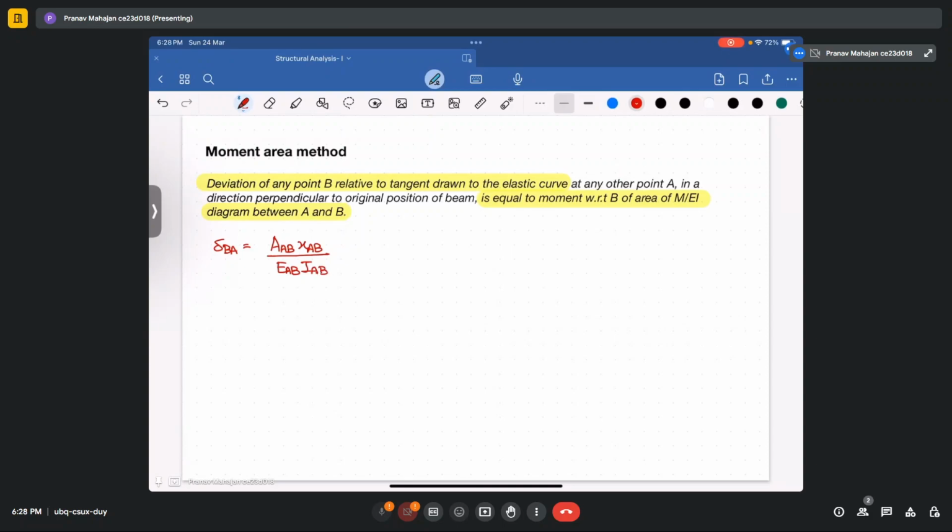So now we also know theta BA will be equal to delta BA upon L. So it will be equal to AAB HAB upon EI AB LAB. Now if we take the redundant part of that beam, we will have the bending moments as MA, MB and MC.